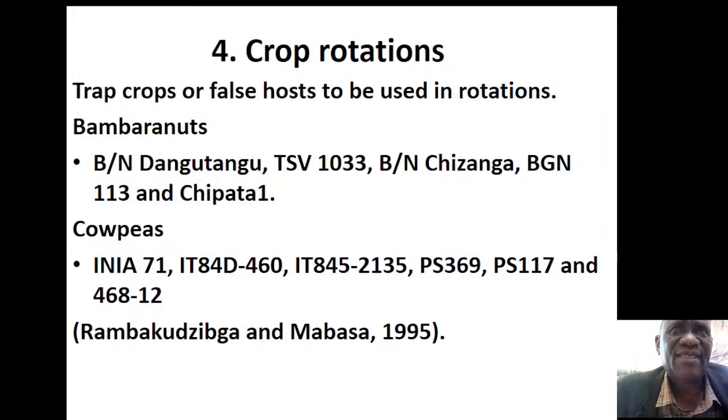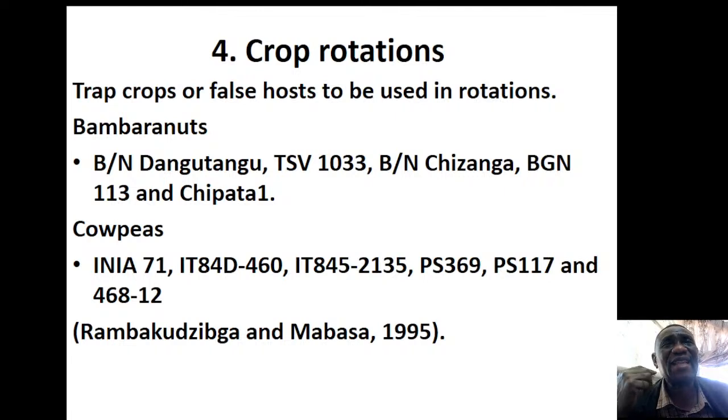We can use crop rotations. We can use trap crops or false host in the rotations. False host produce strigolactones, which cause germination.